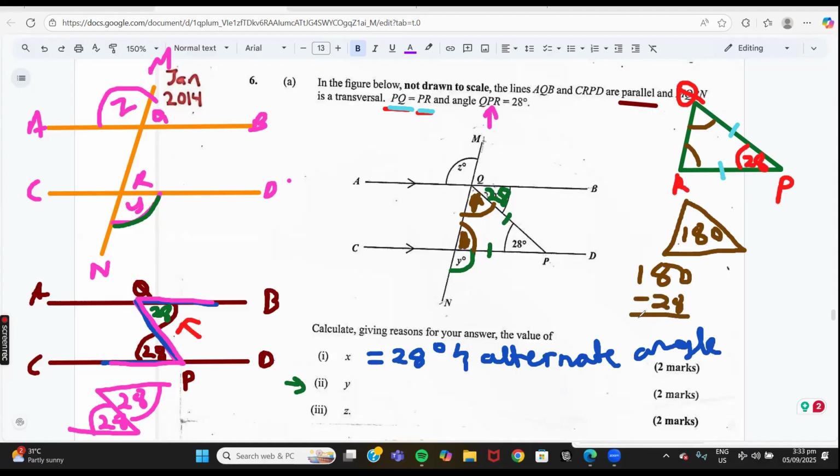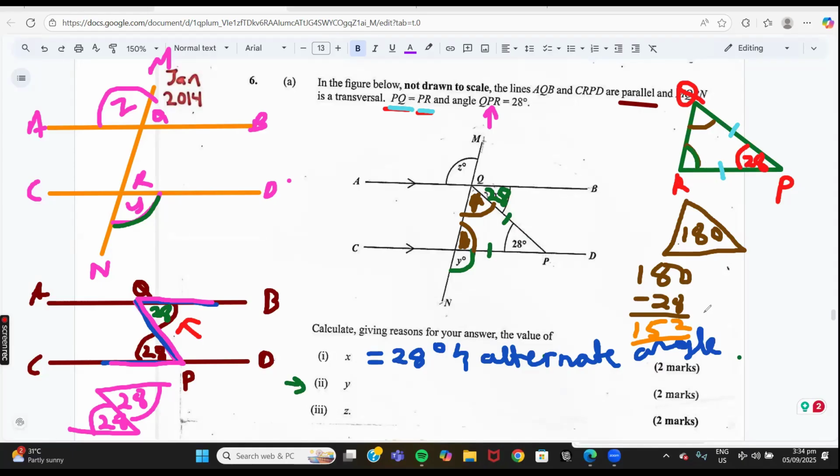That will give us what? 180 take away 28. Yes, so we got 152. You all can use calculators for this because this is a paper two question and calculators are allowed in paper two. And then because we know that the remaining angles in the triangle are equal, what do we do?